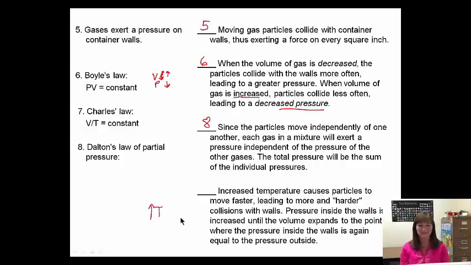Increasing the temperature causes more collisions, so that's going to increase the pressure. I do not have that one, so I must be reading this wrong. I'm going to restart this one because I'm just messing this up. So let me go back.